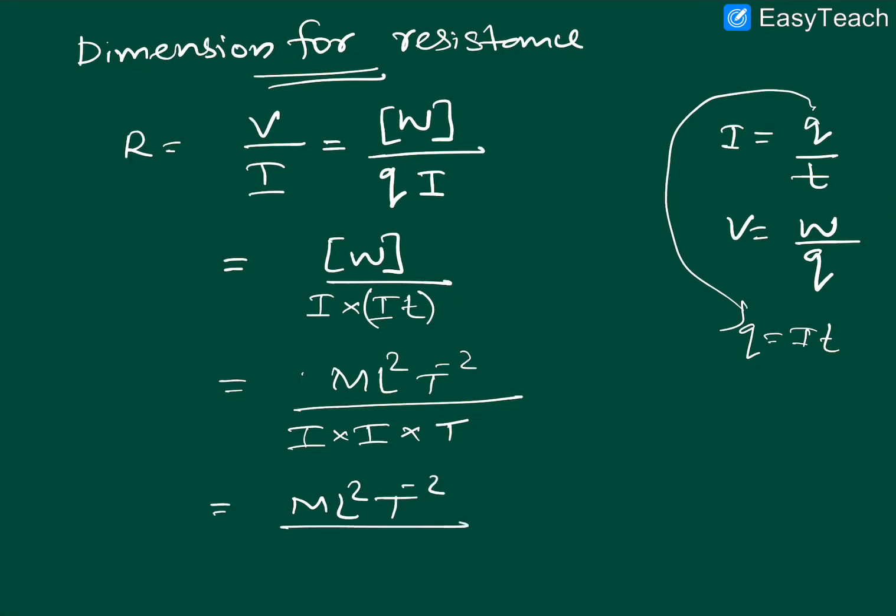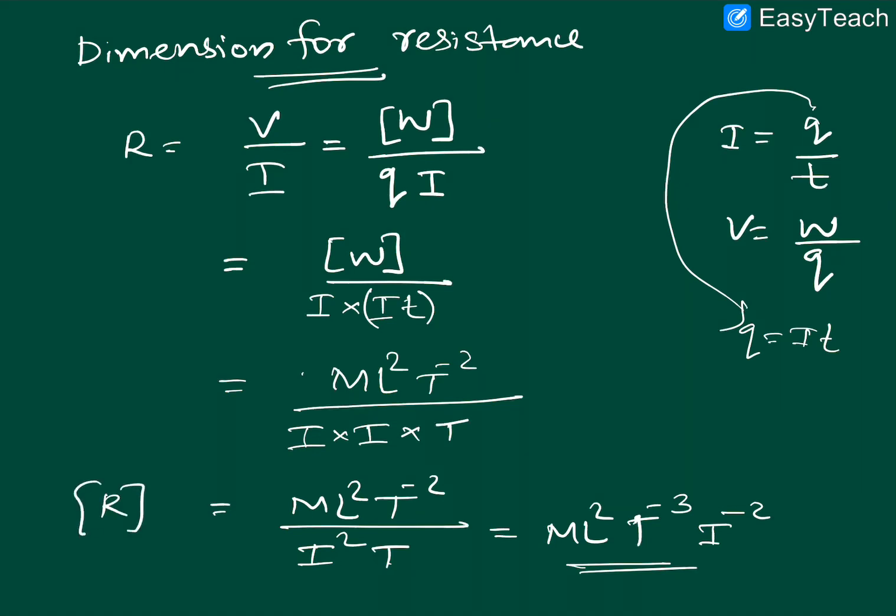ML square T raised to minus 2 divided by I square T, which is equal to ML square T raised to minus 3, because this T will come here, it will become T raised to minus 1, so T raised to minus 2, T raised to minus 1 will come T raised to minus 3, and I raised to minus 2. So this is the dimension for R, isn't it?